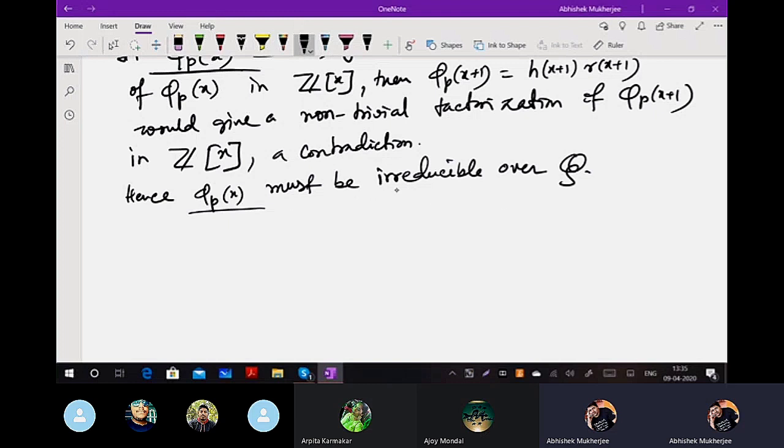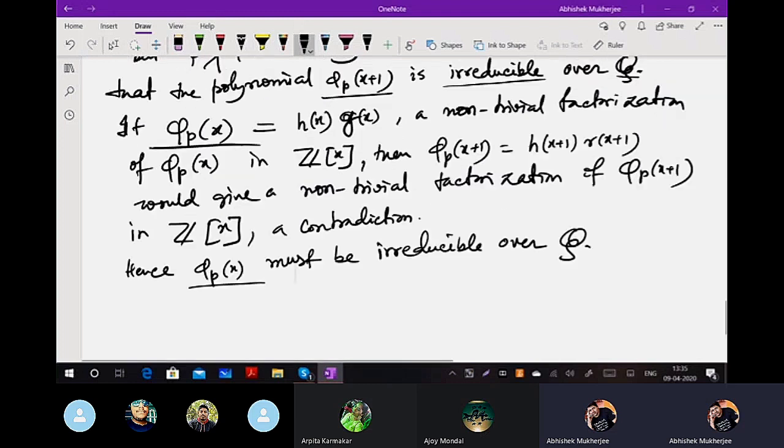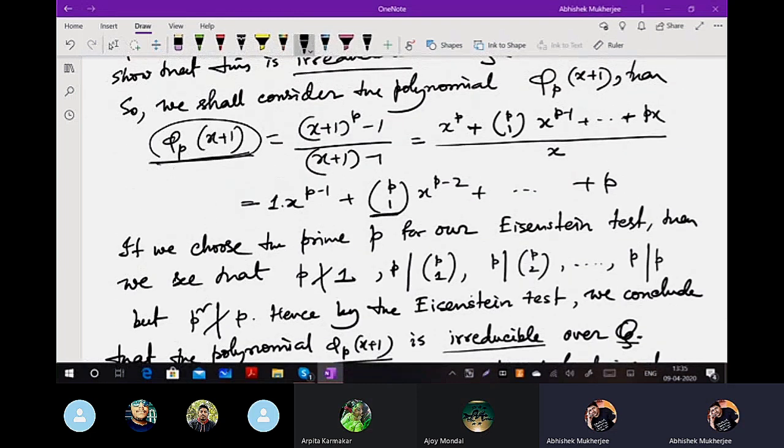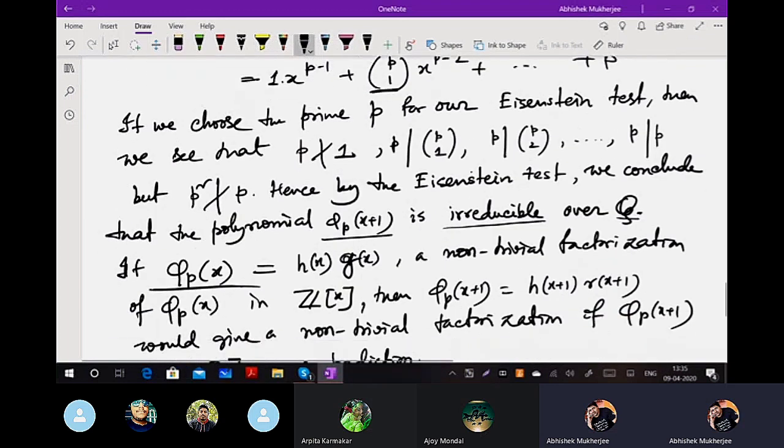We have shown this irreducibility of this polynomial via the irreducibility of phi p x plus 1. Right?